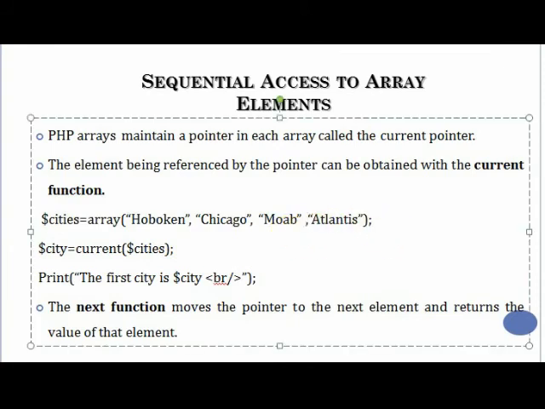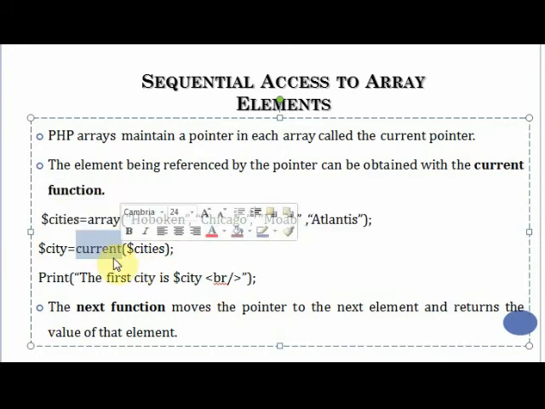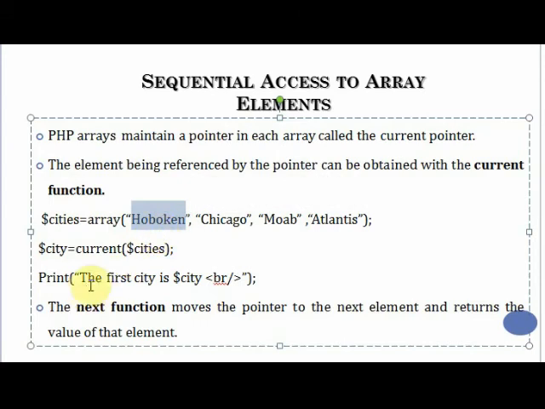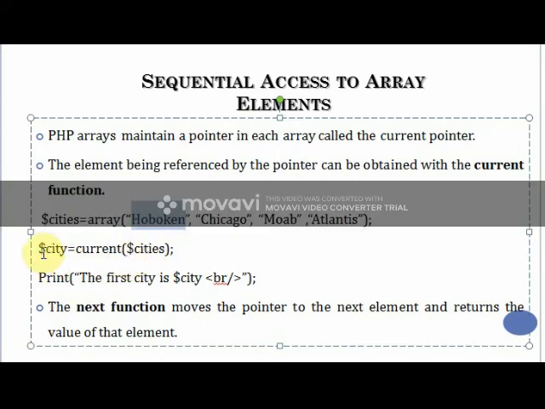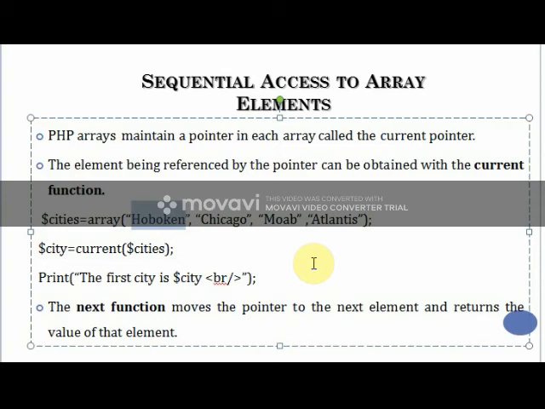Now, what does the current function do? In the beginning, when the array is created, it will be pointing to the first element. That first element will be in your variable called city. So if you print the first city, the value will be Hoboken. That is your current function.